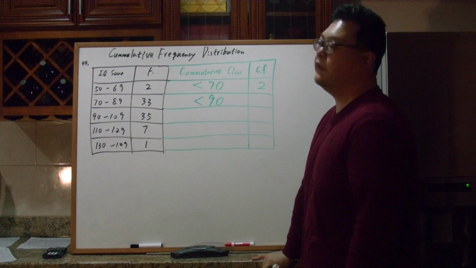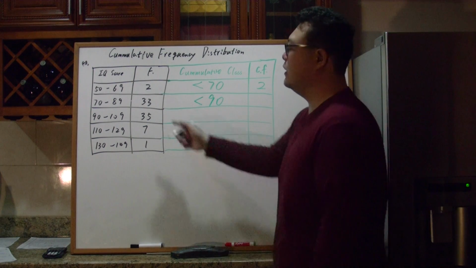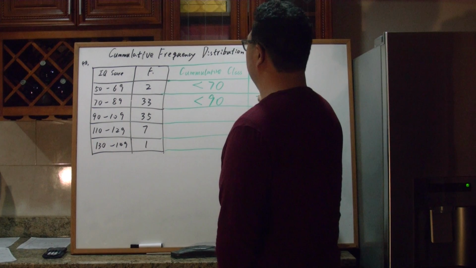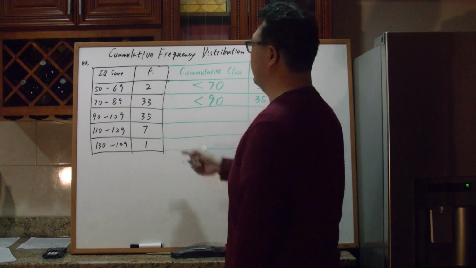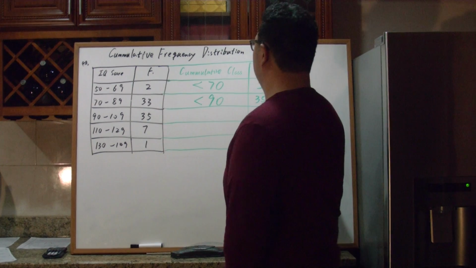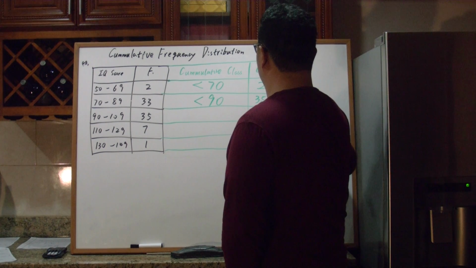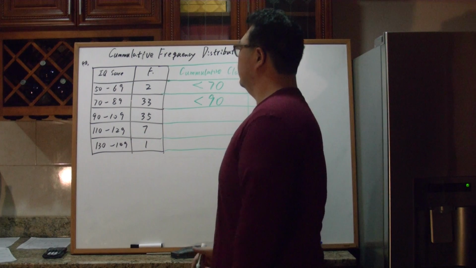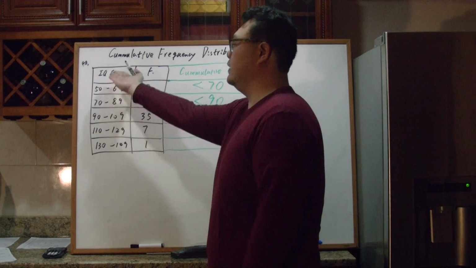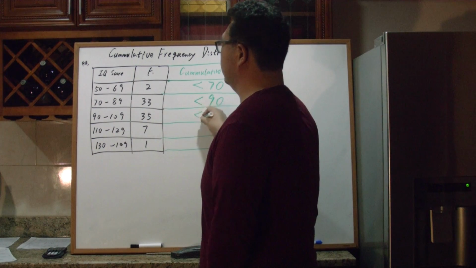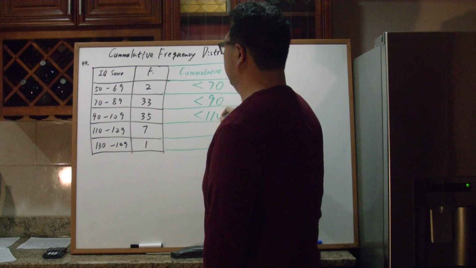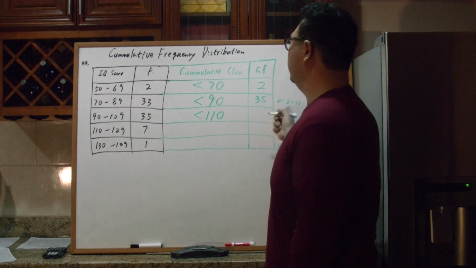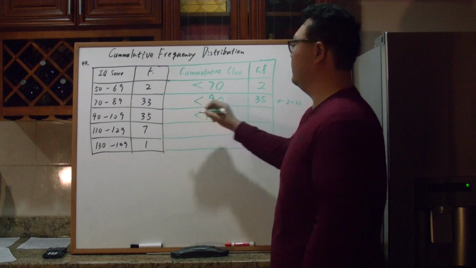Then the cumulative adds together the first two classes, that should be 35 students, or 35 kids, right, 2 and 33. The sum of the first two classes. Then the third one accumulates the first three classes together, that is the IQ score below 110. That will be not only the 35, but 35 more.